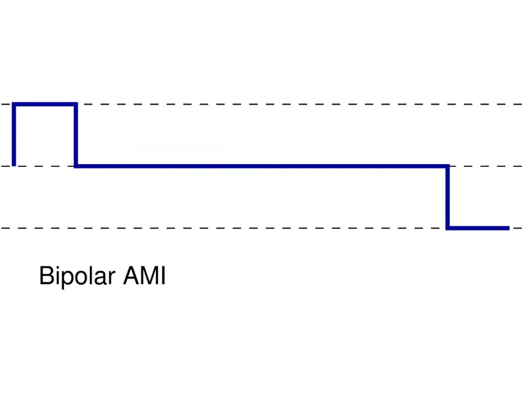So it may lose some accuracy in determining where the next bit is. And with a long sequence of zeros in this case, it may turn out that it loses synchronization with what was transmitted.